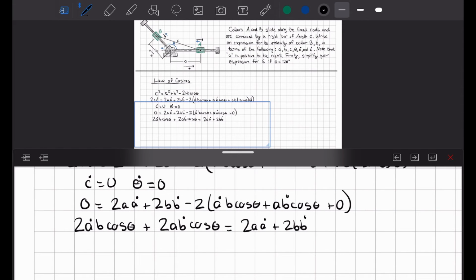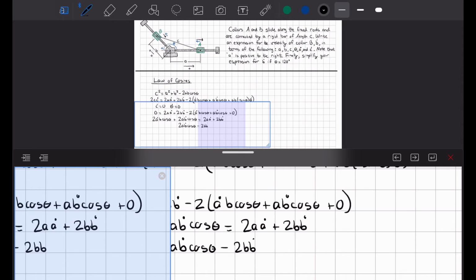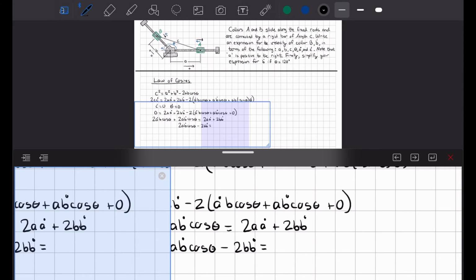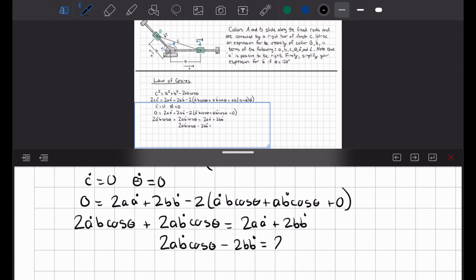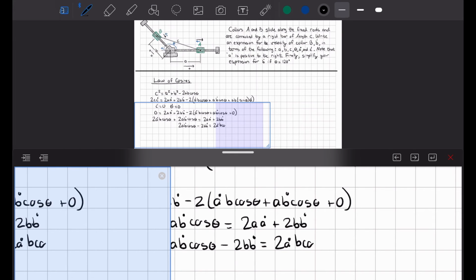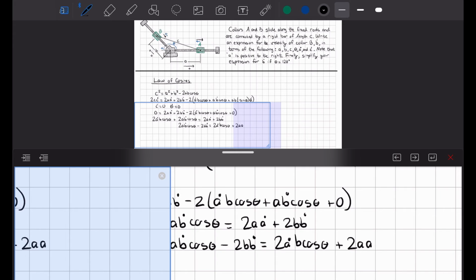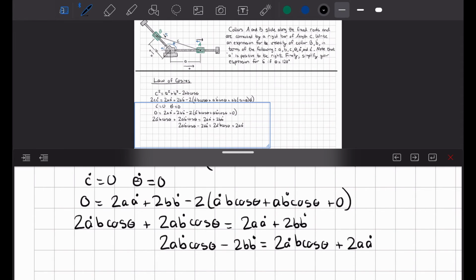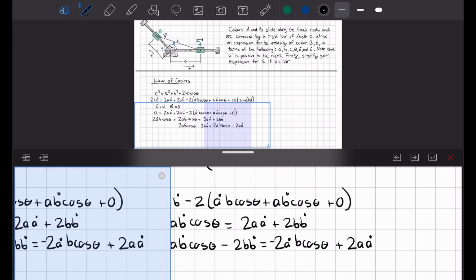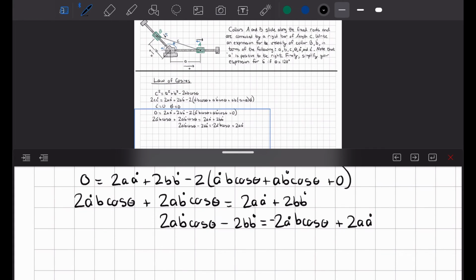So let's get all of our b dot terms on the left-hand side. We got 2ab dot cosine theta minus 2b b dot, and that's going to be equal to 2a dot b cosine theta plus 2a dot. Oh, excuse me, we got a minus sign in there. There we go, that looks right.